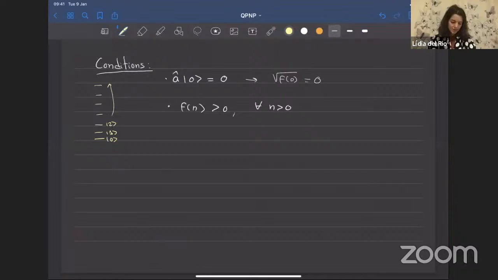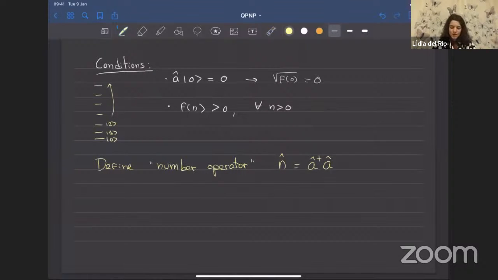Now let's define a new operator in this made-up world. It's called the number operator, and that's called N for number. And it's just A dagger A. So how does this act on this special state of my ladder? Well, let's see. It does A dagger A on n.